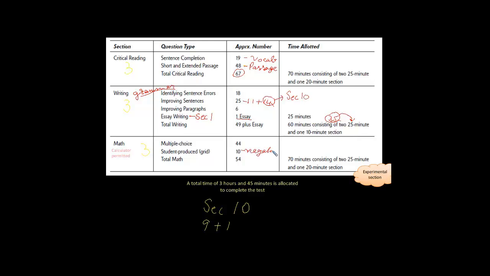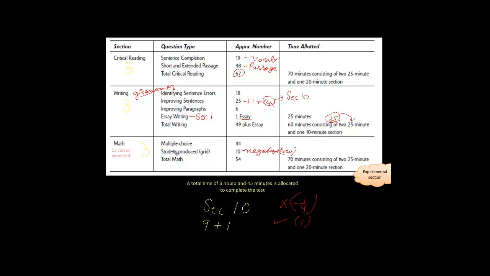So, no negative. It's a great thing. In total there are 54 questions. That automatically tells you that for every other question wrong, you get a minus 1 on 4, and for each question correct, of course, you get a plus 1. But only on this section, you don't get any negative points.